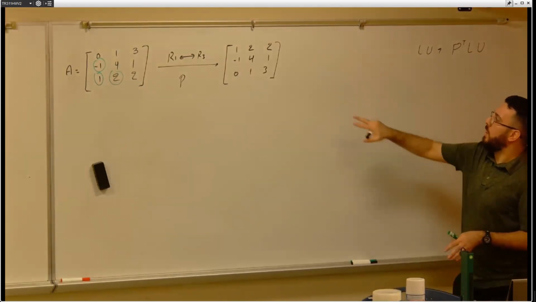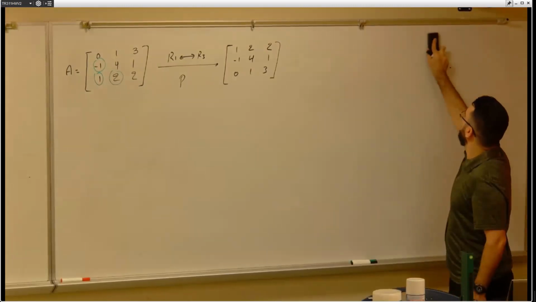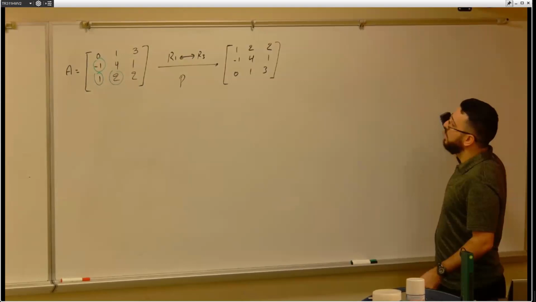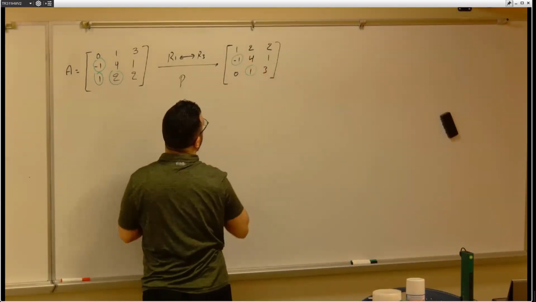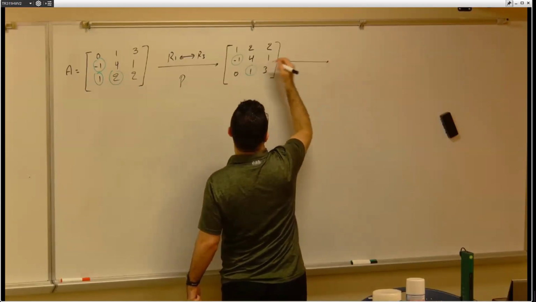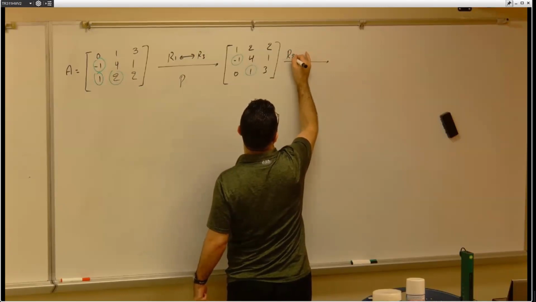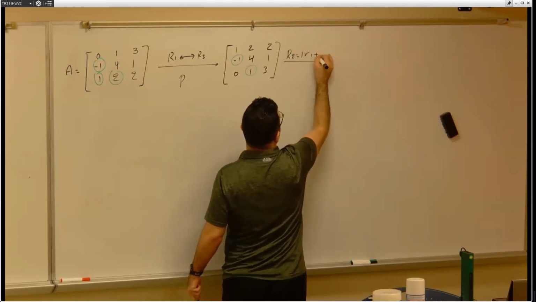So now, in this case, we're going to do exactly the same process to find the U matrix. I already have 0 here, so I just need to change this one and this one. To change this one, R2 is going to be 1 times R1 added to R2.